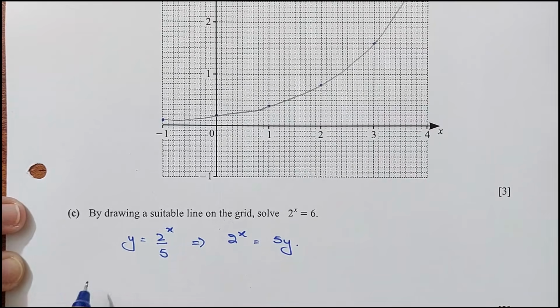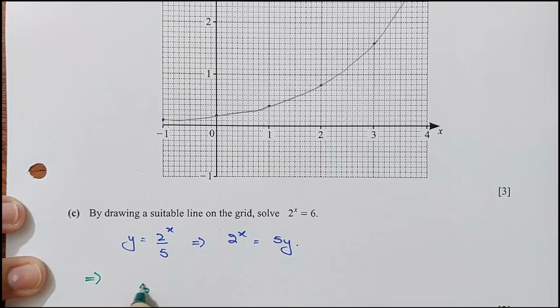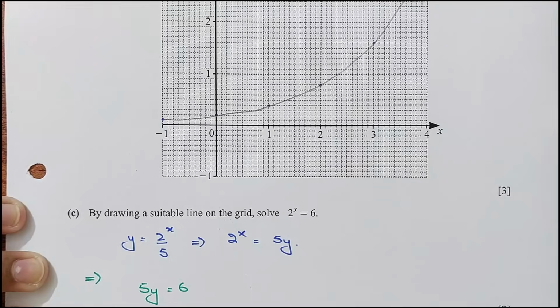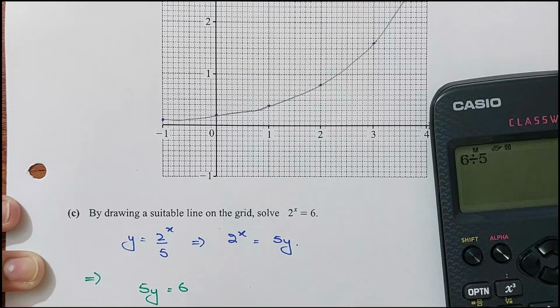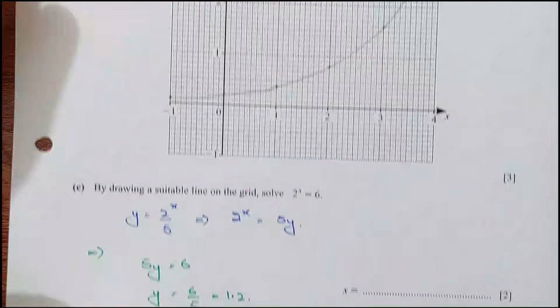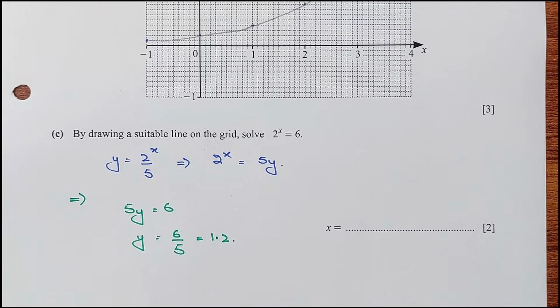Substituting, 5y equals 6, so y equals 6 by 5, which is 1.2. So we have to draw the line y equals 1.2 on the grid.